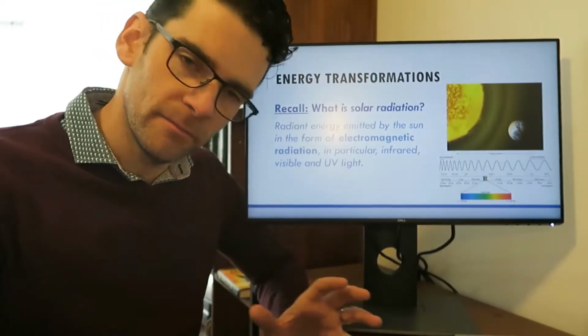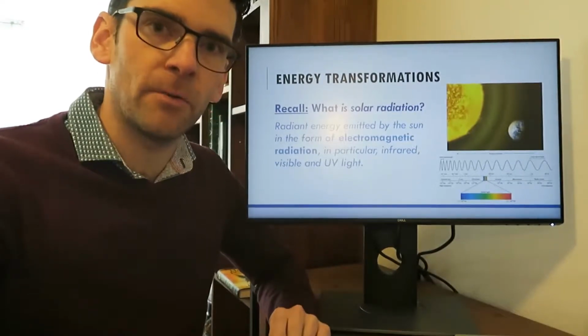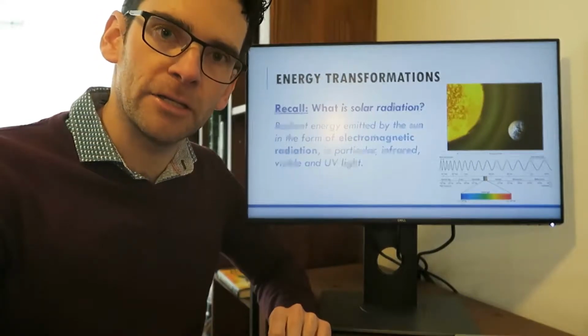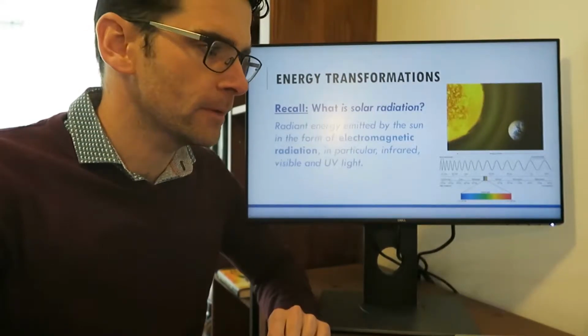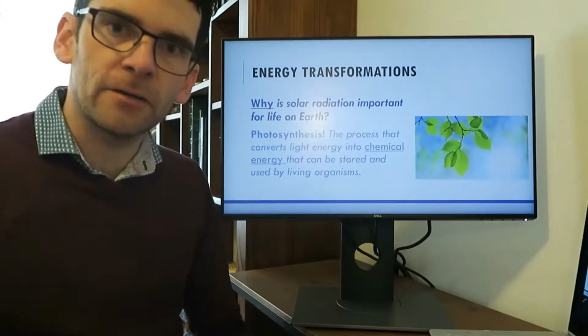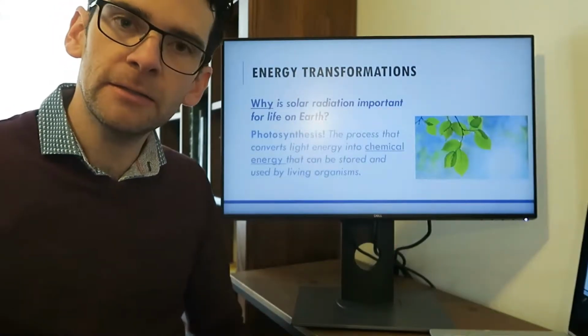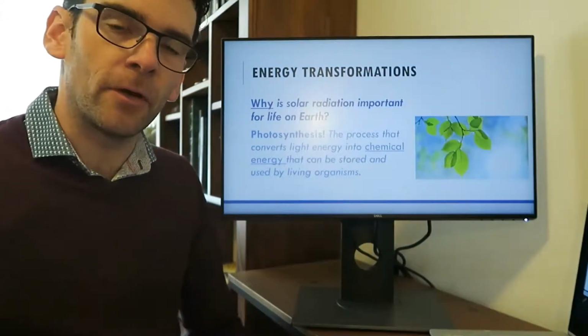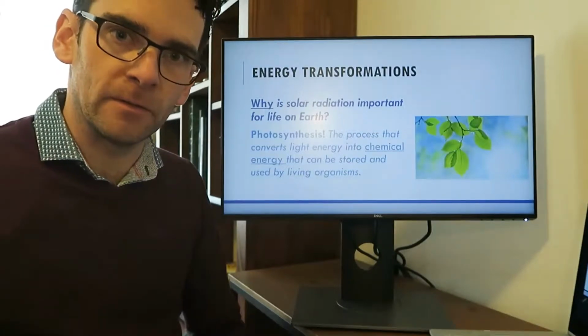Okay, so that shouldn't be too much of a surprise to you by now, what solar radiation is, because we've already gone over it. So in terms of the effect of solar radiation on living things, we really need to focus on this process called photosynthesis.